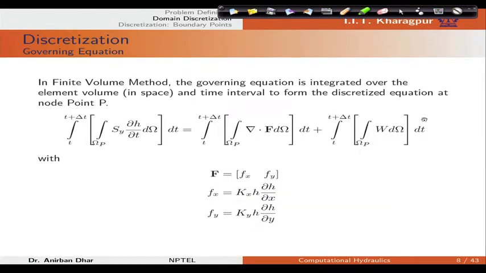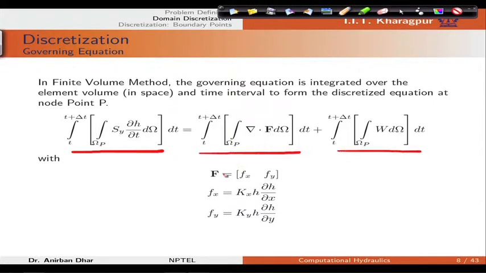Now, in the finite volume method, the governing equation is integrated over the element in space and time interval to form the discretized governing equation. In this case we have the space and time derivatives.